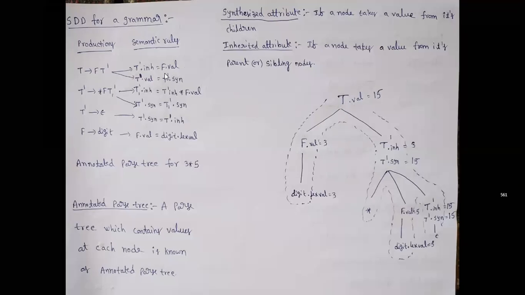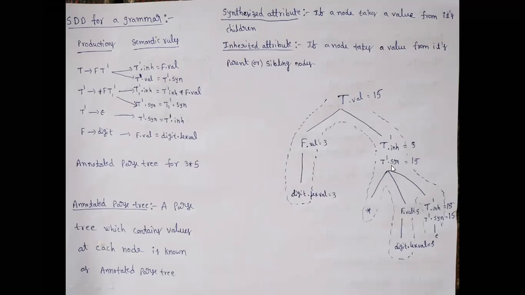Two semantic rules. Then we are having T dash dot inherited and T dash dot synthesized. Okay. And here F. So F produces digit directly. So F produces digit. Why? Because the expression is 3 star 5. So here 3 we are specifying, and this T dash dot inherited or T dash dot synthesized.